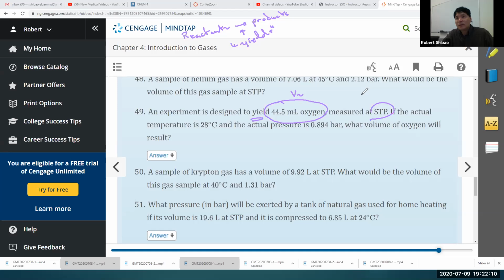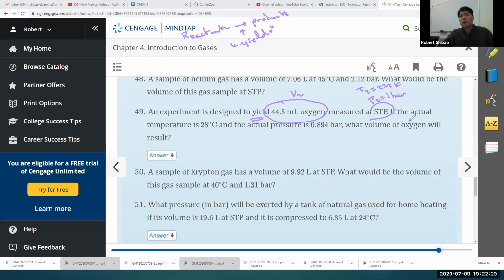And then STP means T2 is going to be 273 Kelvin or 0 degrees Celsius, and P2 is going to be 1 bar. This is where we want to be at the end, at the products. So what must it have been before?